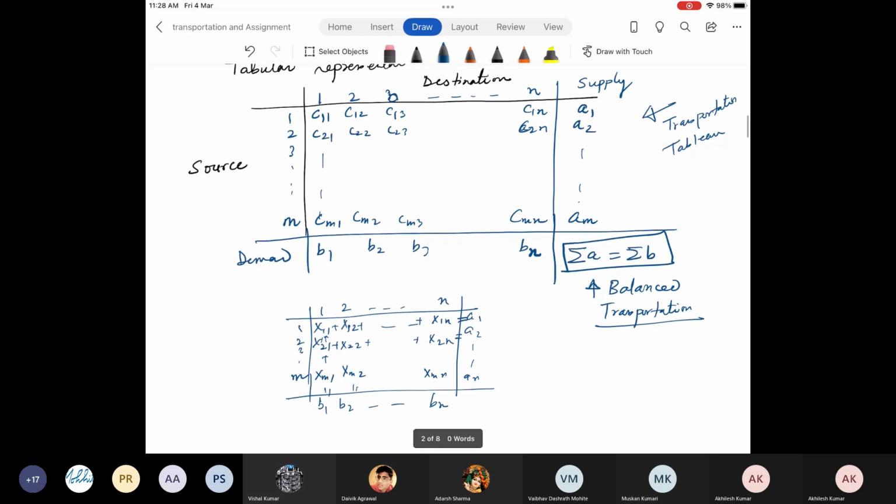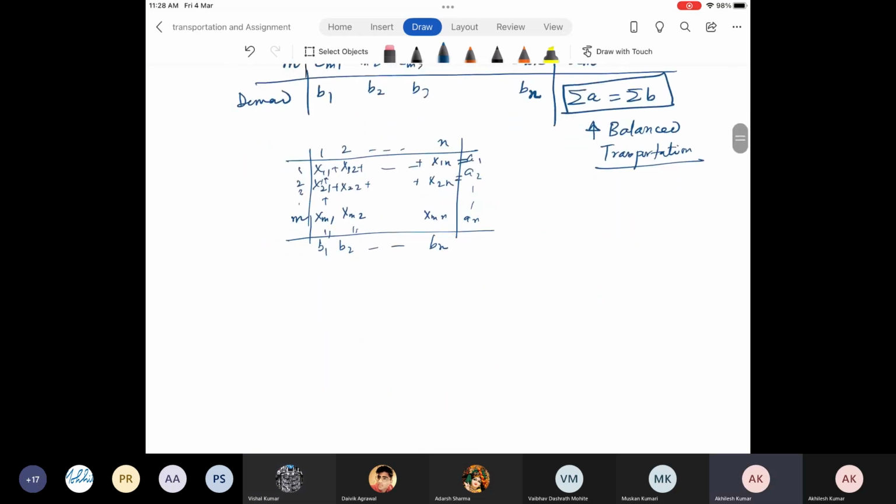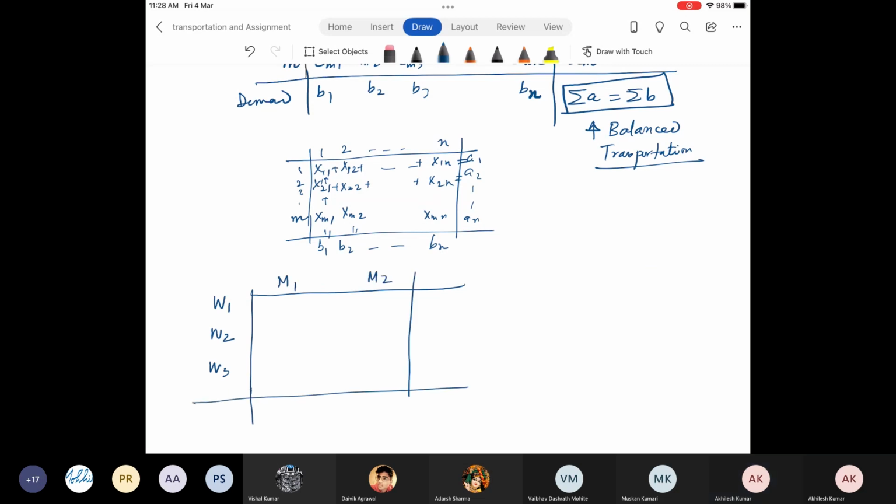Yes, sir. Now let's look at a numerical example. Suppose I have 3 warehouses, W1, W2, W3, and 2 markets, M1 and M2, and I have demand and supply on this side, 80, 215, 100, 108, 102, 68.